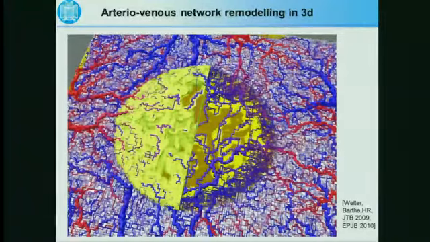You can ask why, due to these processes, the center is not empty. This is more or less due to the fact that the amount of blood which is pumped into the tumor is a prescribed value, which is constant from outside.